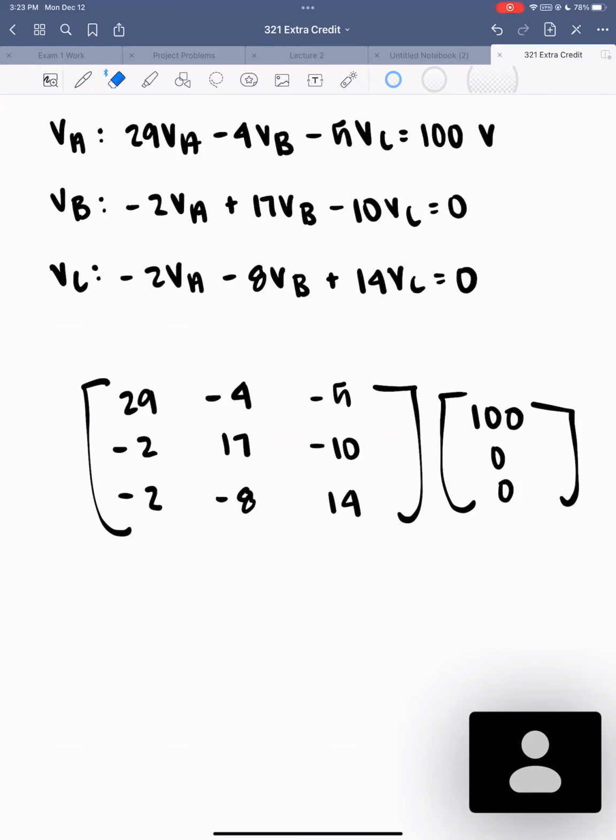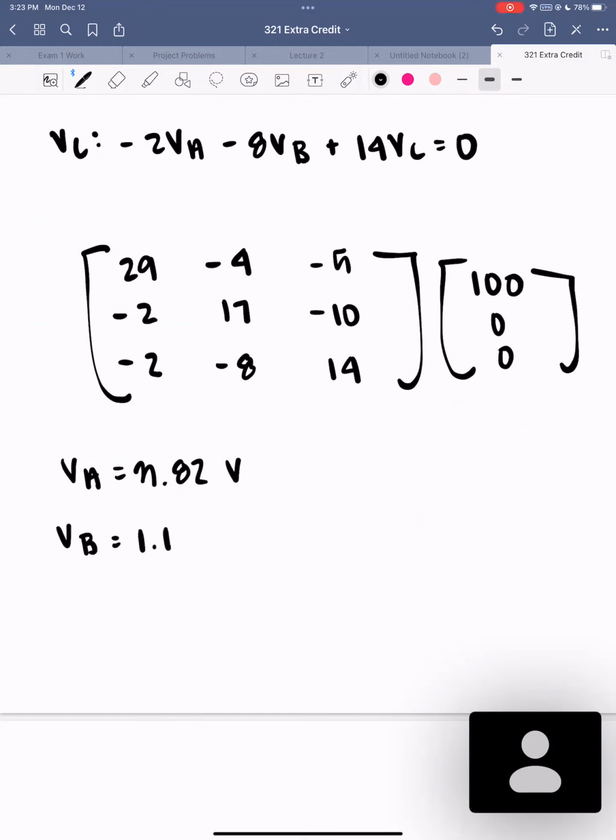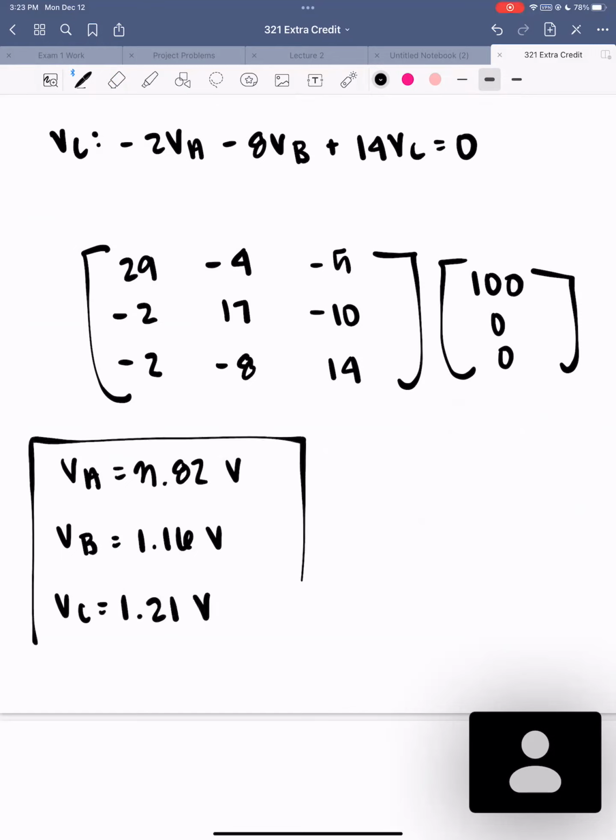And that will give you your answers. So VA is equal to 3.82 volts. VB is equal to 1.16 volts. VC is equal to 1.21 volts. And these are our final answers.